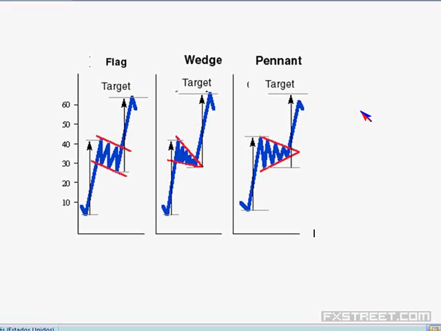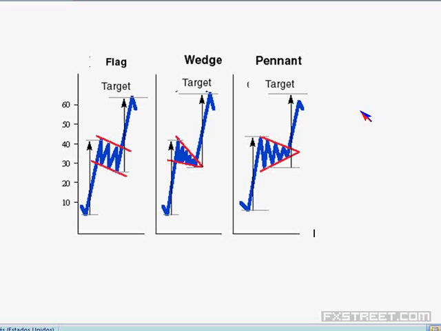So if they break their base, well, I'm out of the market, okay? And I take my profits and go out. But if they break to the upside, I will keep my trade open till the target I have already set by the signal that let me get into the market at this level, okay?